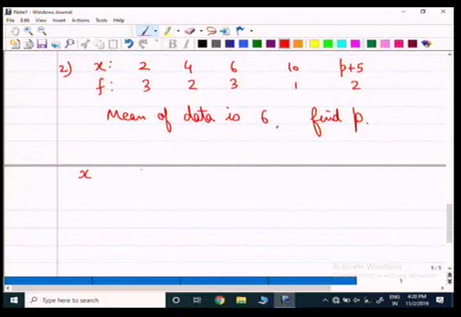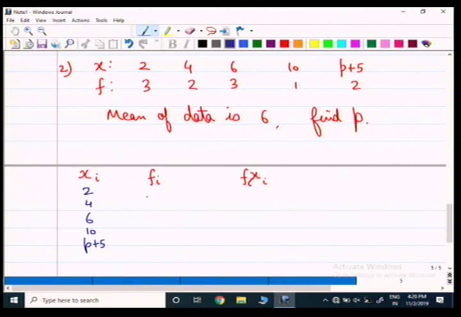Like if you write x_i, f_i and f_i x_i. If you put the values 2, 4, 6, 10, that is p plus 5, and this is 3, 2, 3, 1, 2. So multiplying the values, 2 into 3 is 6, 4 into 2 is 8, 6 into 3 is 18, 10 into 1 is 10, and this will become 2p plus 10.